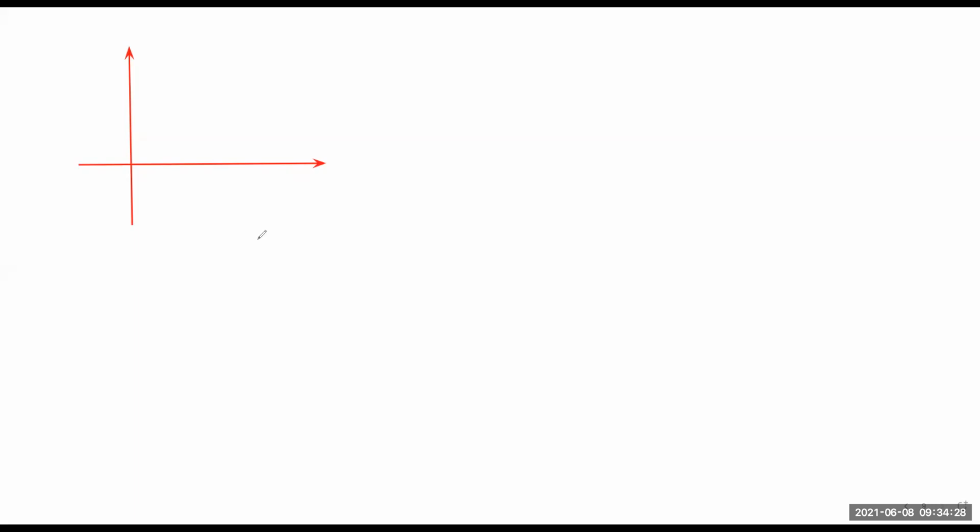So if I draw a graph like this, this is a very interesting graph, and I will point out some values. This is the point of the local maxima at the first location.